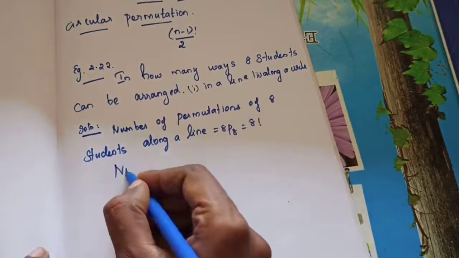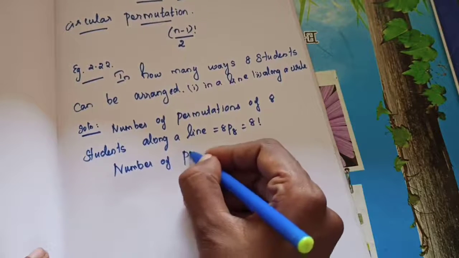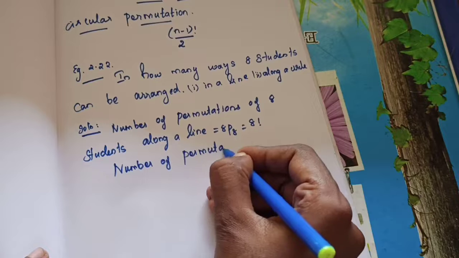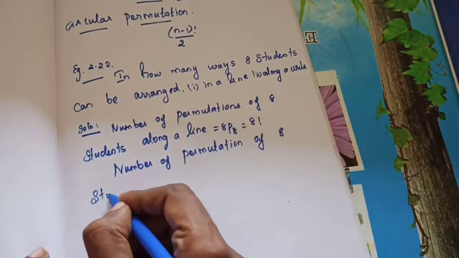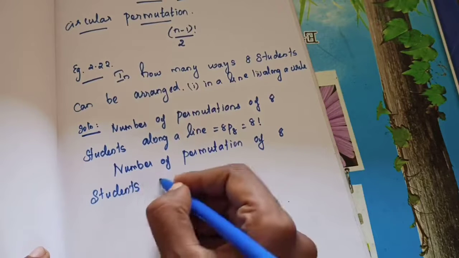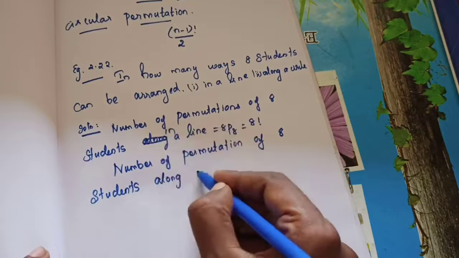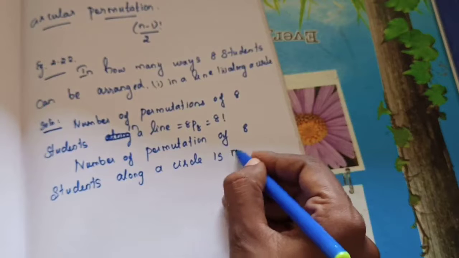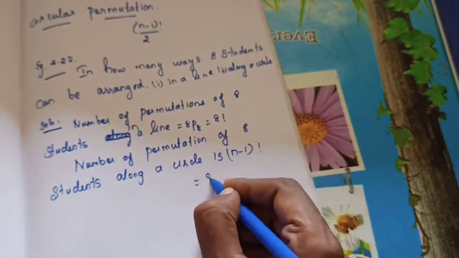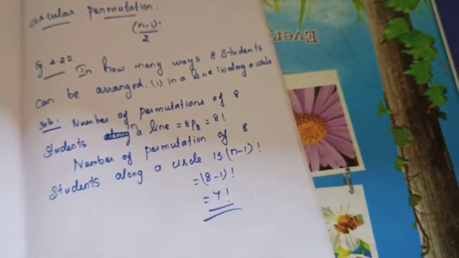Next, the number of permutations of 8 students in a line along a circle. Along a circle, the formula is (n minus 1) factorial. What is n? 8 minus 1 factorial, that's equal to 7 factorial. Got it? Very easy.